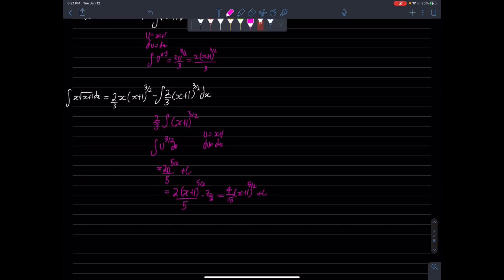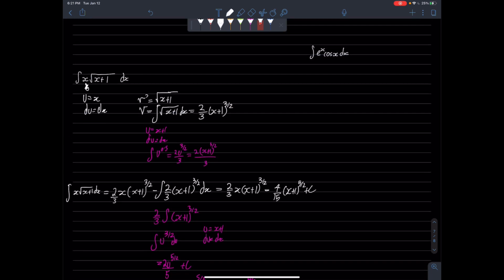Right? Now let's rewrite it up here then. So 2 over 3 x times x plus 1 to the 3 over 2 minus 4 over 15 times x plus 1 to the 5 over 2 plus c. A little trickier, but still doable.